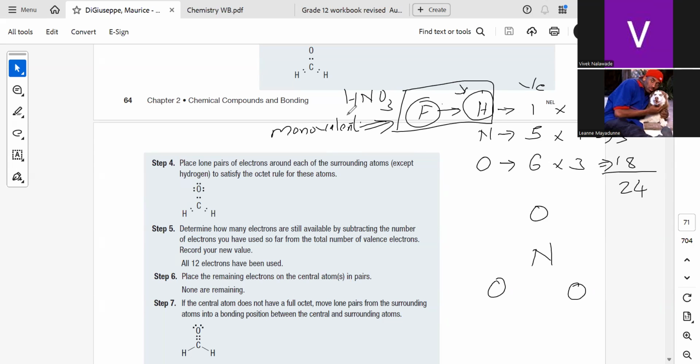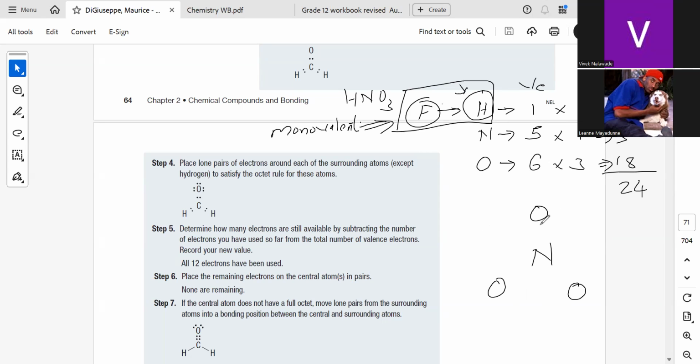Only if the octet is not getting complete, then we'll consider them. Because nitrogen has a bonding capacity of 3, I'm considering only 3 oxygens around it.